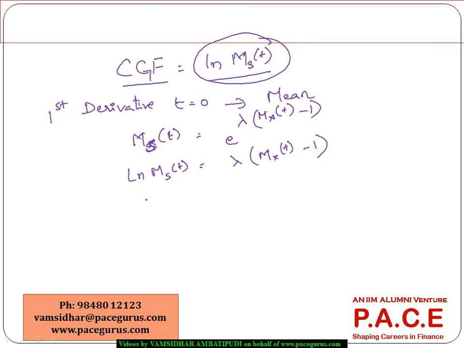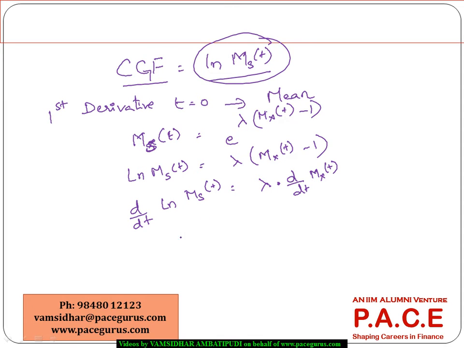Now if I have to differentiate this three times, d by dt of log M_S(t) is nothing but lambda times d by dt of M_X(t).